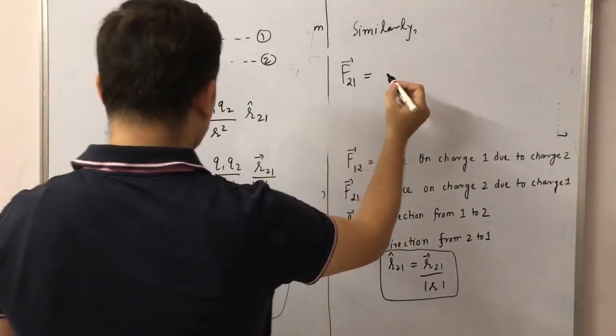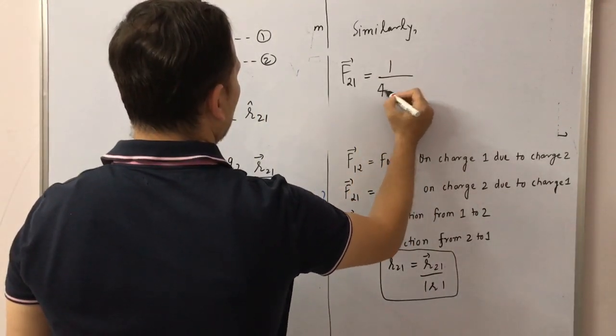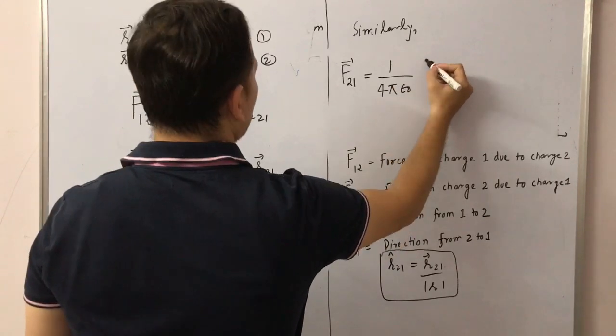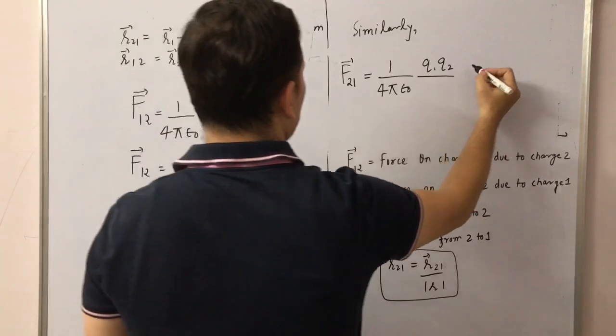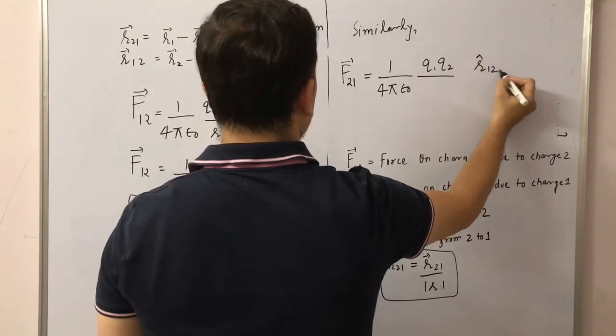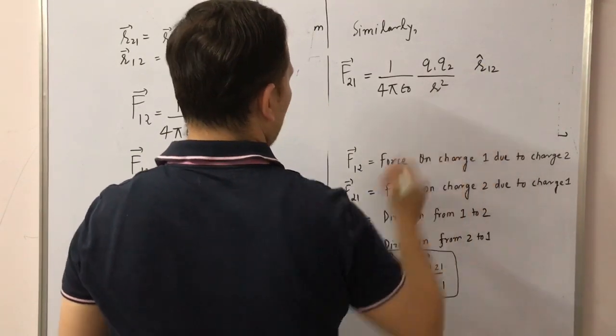Now what will F21 be? It will be 1 upon 4 pi epsilon naught Q1 Q2, the unit vector R12, and R square.